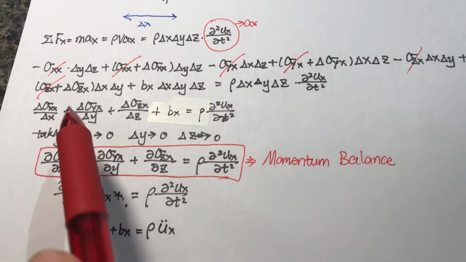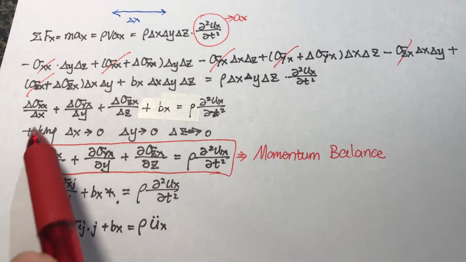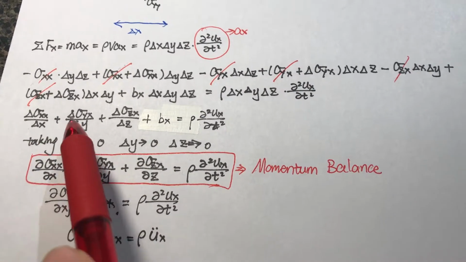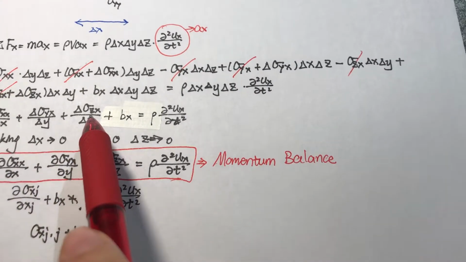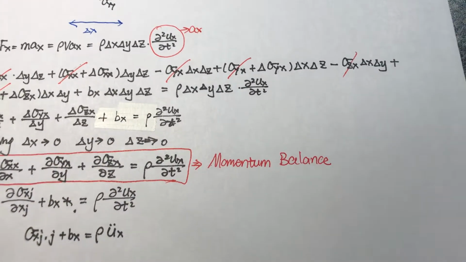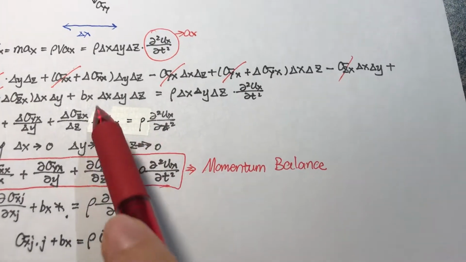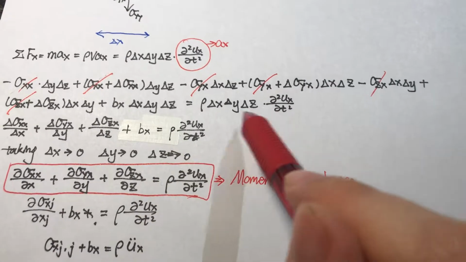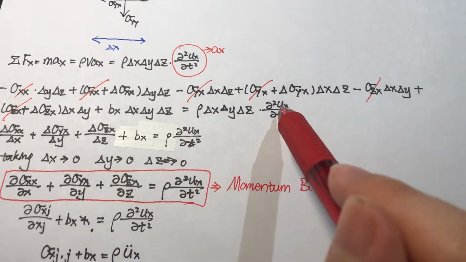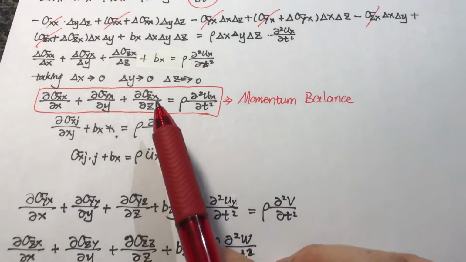So we have delta sigma xx over delta x plus delta sigma yx over delta y plus delta sigma zx over delta z, and also plus bx, which is the body force along the x-axis, which is equal to rho times the acceleration here.